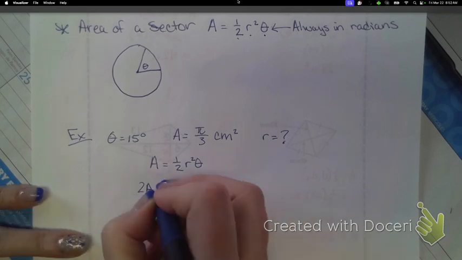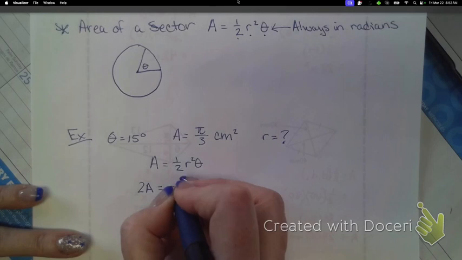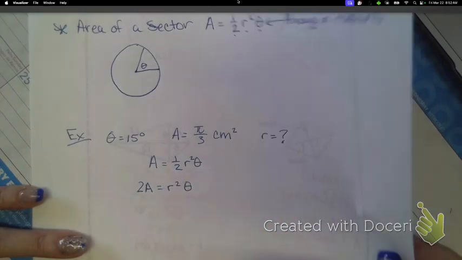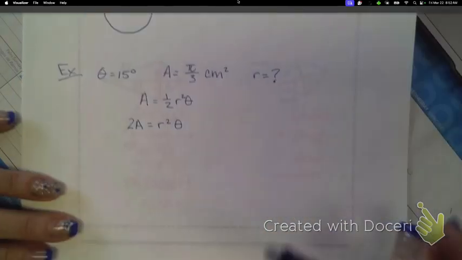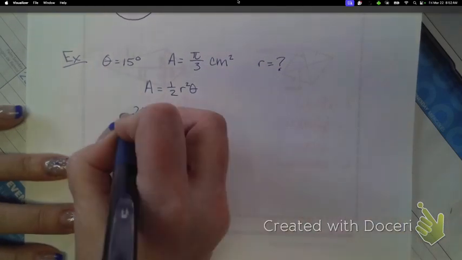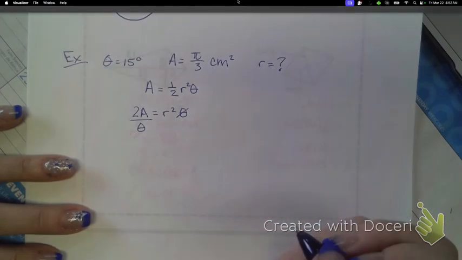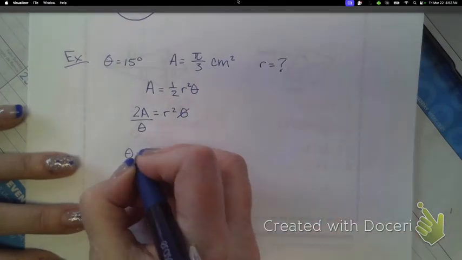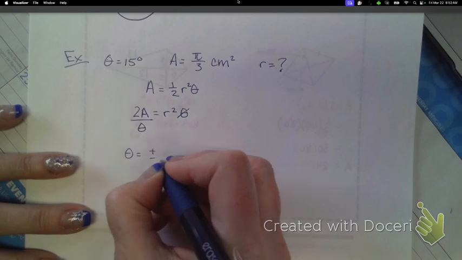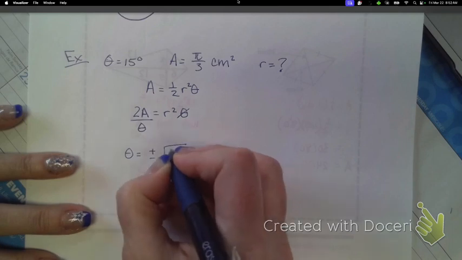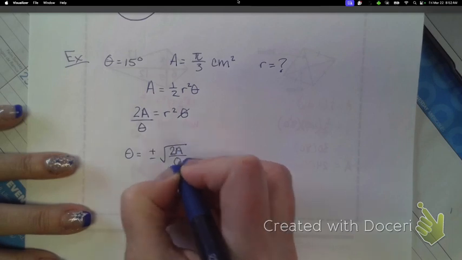So 2a equals r squared theta. Then what? Divide by theta. And then take the what? The square root. So r equals plus or minus the square root of 2a over theta.